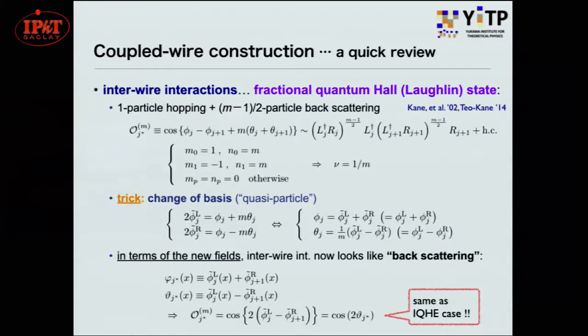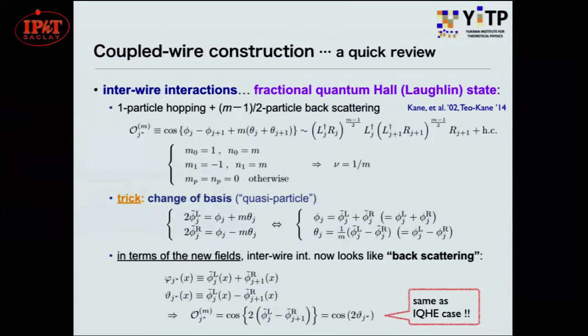And the trick is that we make a change of variables shown here. We move from the original fermion basis to a quasi-particle basis defined here. In terms of this quasi-particle basis, my interwire interaction takes the form of a backscattering.